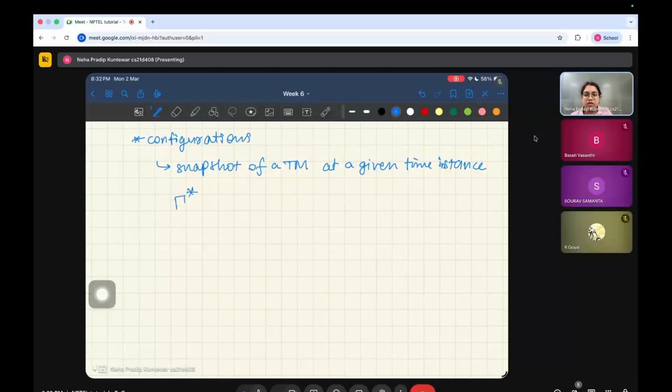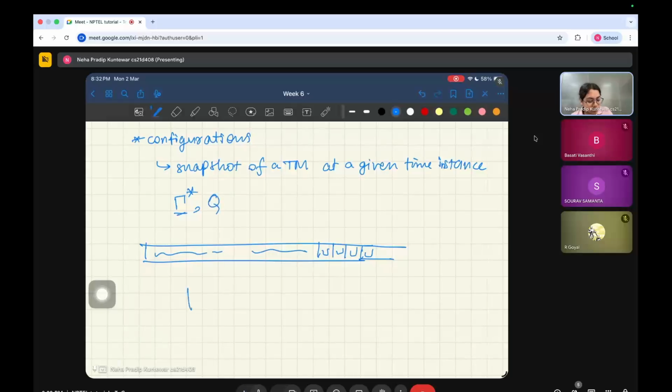You need the tape content that is there. When you stop the computation, you want to know what was written on the tape. That is what sigma star captures. The other thing you need to know is which state you were in at that point of time. And the third thing you need to know is where the head was pointing.